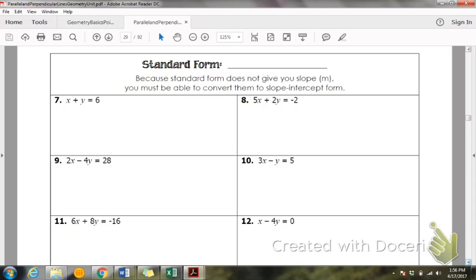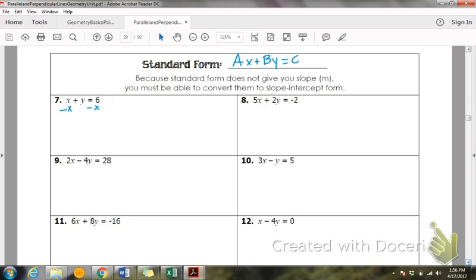Okay, and it says, because standard form does not give you the slope, you must be able to convert it into slope-intercept form. So I just need to get y by itself. So if you look at example number 7, how are we going to get y by itself? Subtract x and move it to the other side.